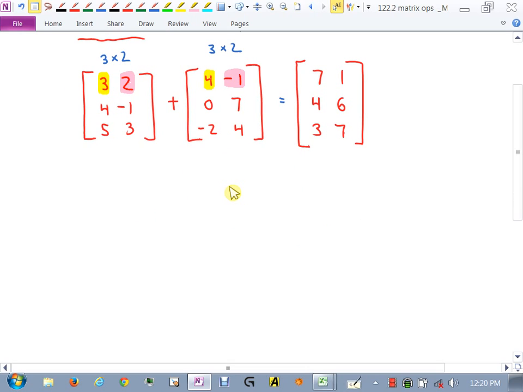Multiplication. Matrix multiplication is a little bit more involved.